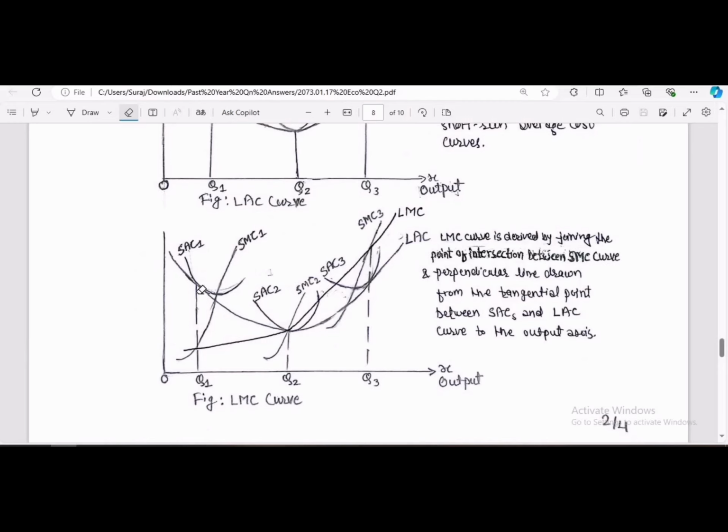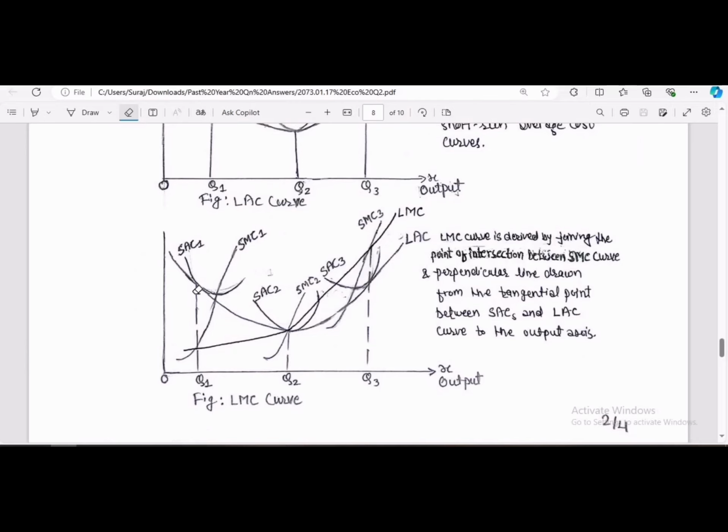Now from the adjoining point of the short run average cost curve and long run average cost curve, we will derive a perpendicular line. So here and here, and from here we draw the perpendicular line. Now the intersection point of the perpendicular line and SMC we need to see.